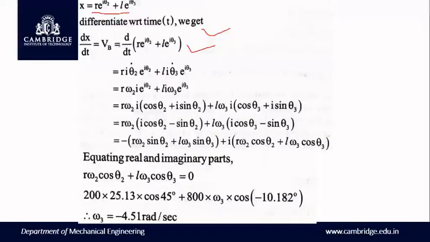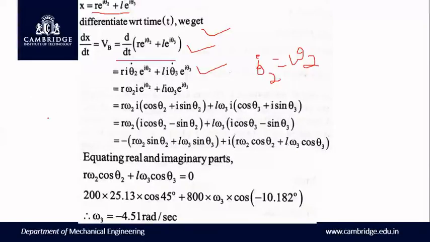So on differentiation of the above equation, we get it in this form, and we know theta 2 dot is nothing but omega 2, that is d theta by dt is angular velocity.